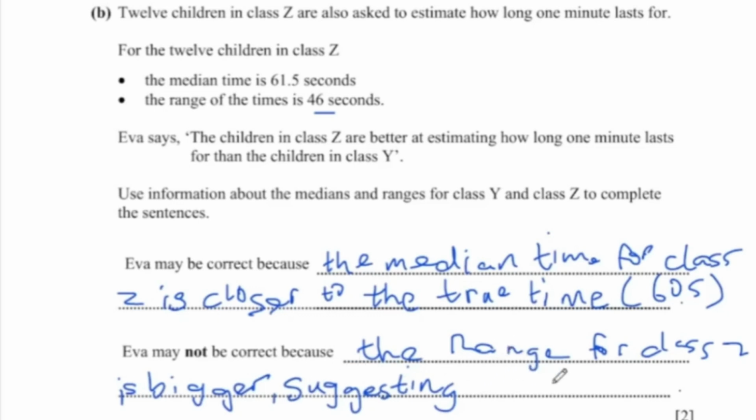So how do we put it? The range for class Z is bigger, suggesting varied values. So I think this should do it. So this gives us 2 marks for this.